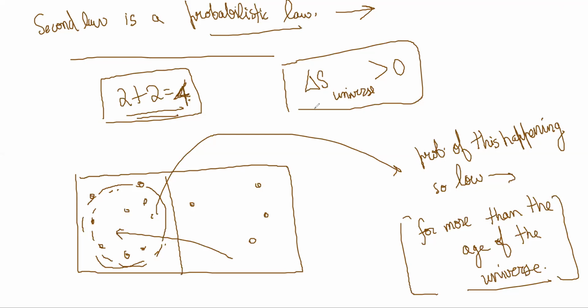So entropy is basically giving a direction to events, like what will happen and what will not happen. And entropy is saying that the processes that are likely to happen are those that increase entropy. Those are the likely processes that will happen, correct?